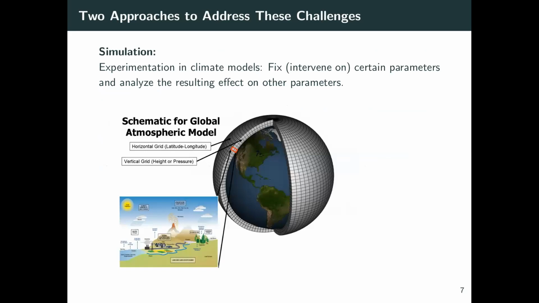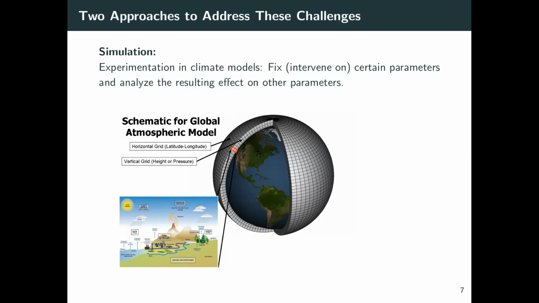Now, one approach to this, based on the physical knowledge that we have, is to use our climate models, which enable experiments without harming anyone. In these, you can fix parameters and analyze the effect of, for example, fixing sea surface temperature and measuring its effect on atmospheric dynamics.